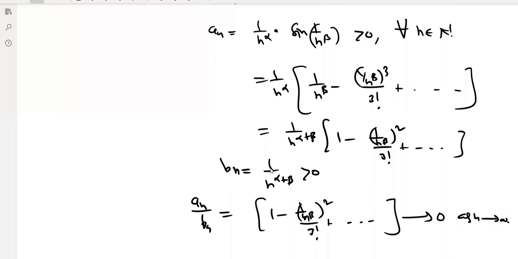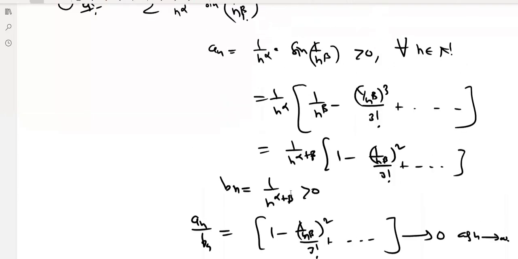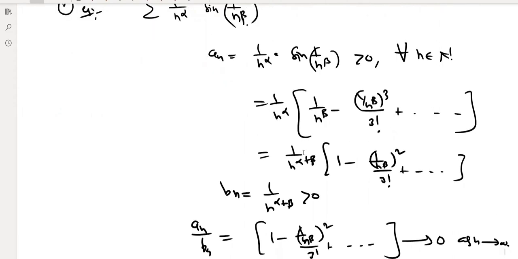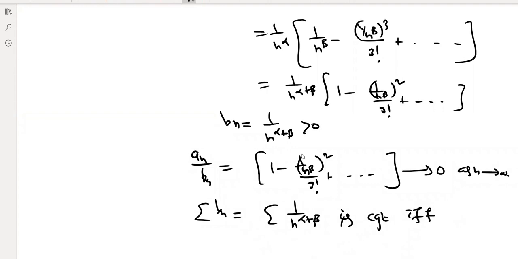Right? So therefore, an and bn will have the same nature. Therefore, as you know, what do we need to see? an and bn will have the same nature. What is my bn? My bn is this. This is convergent if and only if alpha plus beta is bigger than 1.